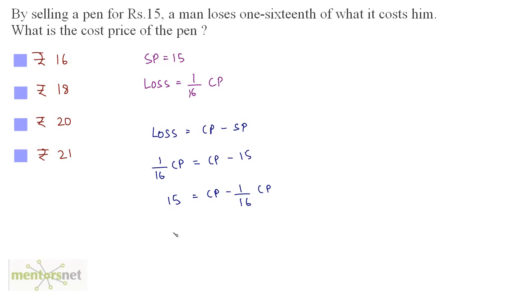So therefore I have 15 is equal to 16 cost price minus 1 cost price, which is 15 CP by 16. So therefore cost price is equal to 15 times 16 by 15, and that is 16 rupees. So the cost price is 16 rupees. Option A is the right answer.